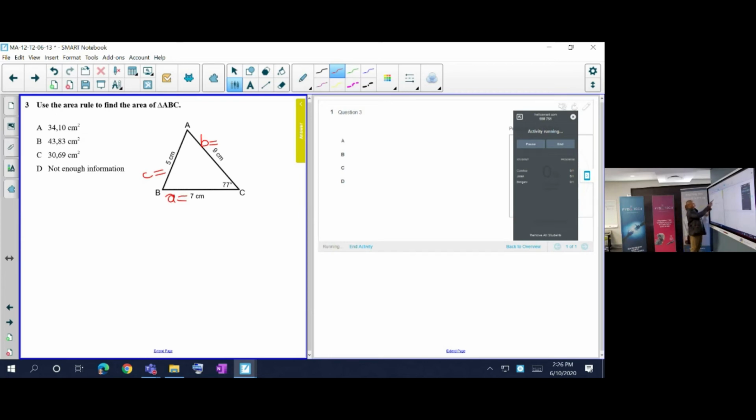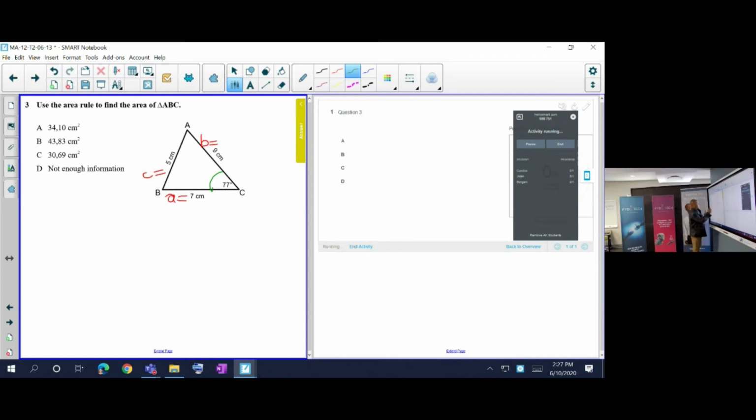As I have already annotated, we have your small a, small b, and small c, which are the sides of the triangle. You also have an angle that is angle C, which is 77 degrees. So we are going to use a formula that includes the angle C, because remember we need two sides and an included angle.